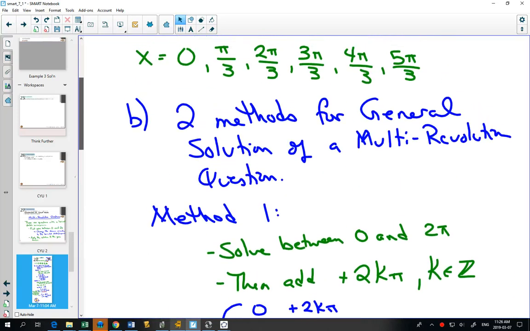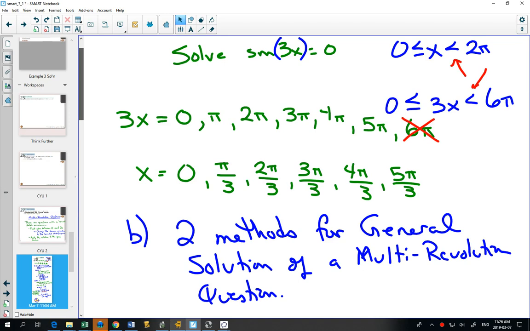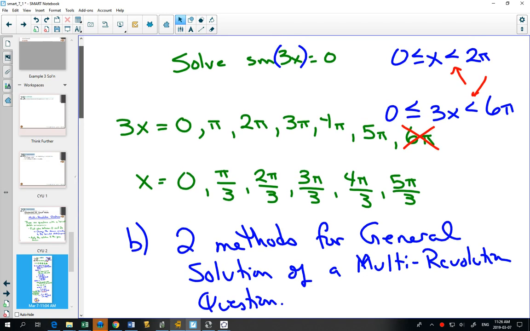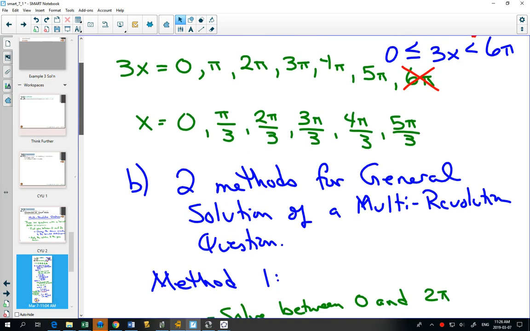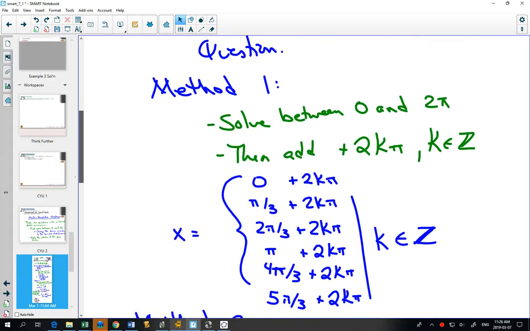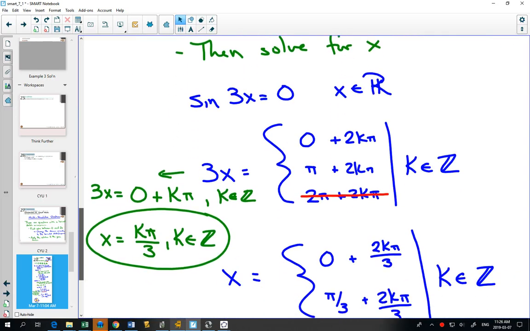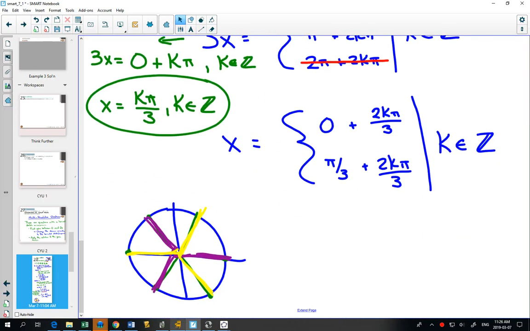you to first solve between 0 and 2 pi anyways. It makes more sense just to take those answers and add 2k pi and be done with it, and not worry about elegance, because for the most part, a lot of you are like, I just need to get through this course, Mr. JR. That's all I need.